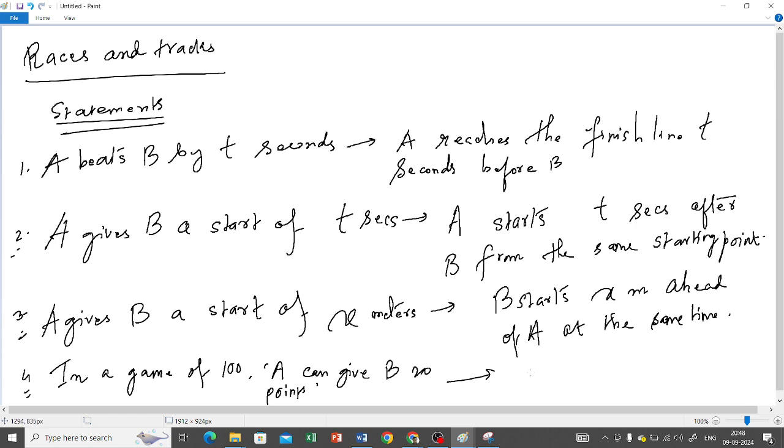What does that mean? That means while A scores 100, B scores 100 minus 20, that is 80.